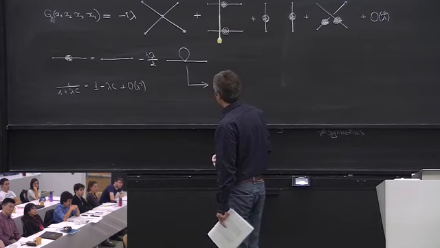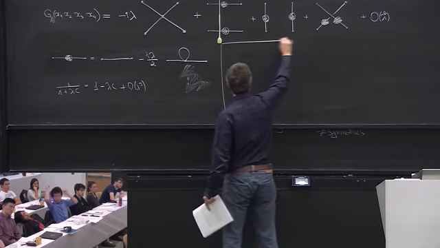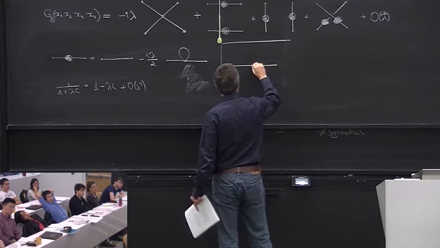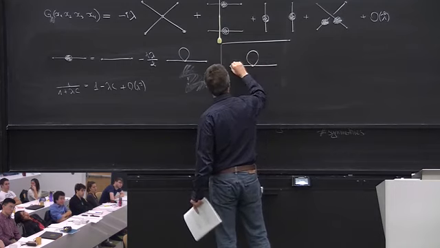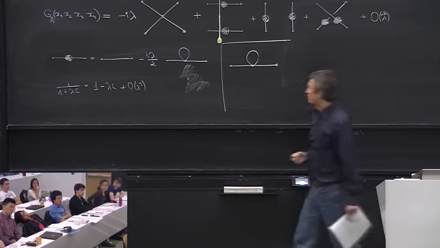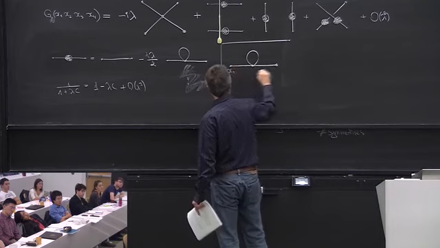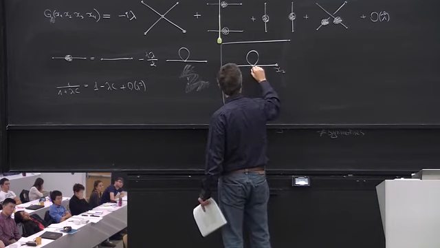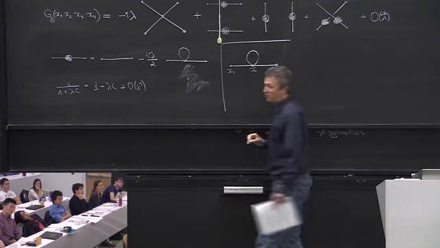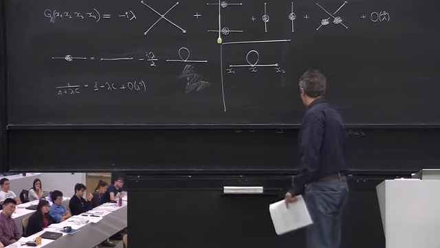So Feynman rules. Suppose that someone gives you this expression. How to read off the analytic expression? This is point x1, this is point x2, and the external point is x.